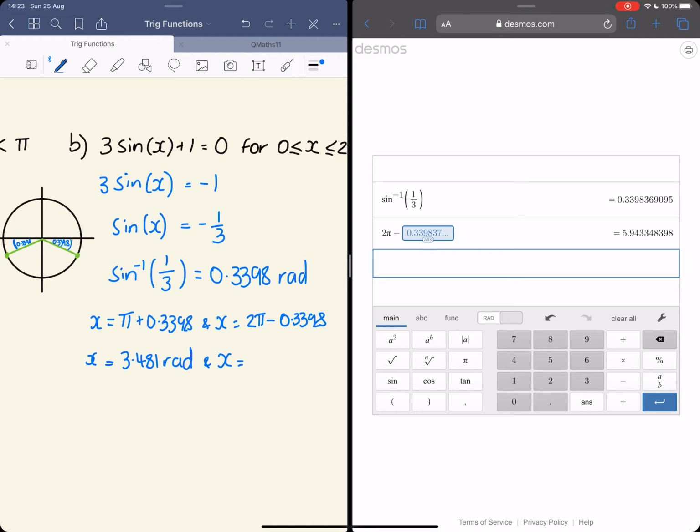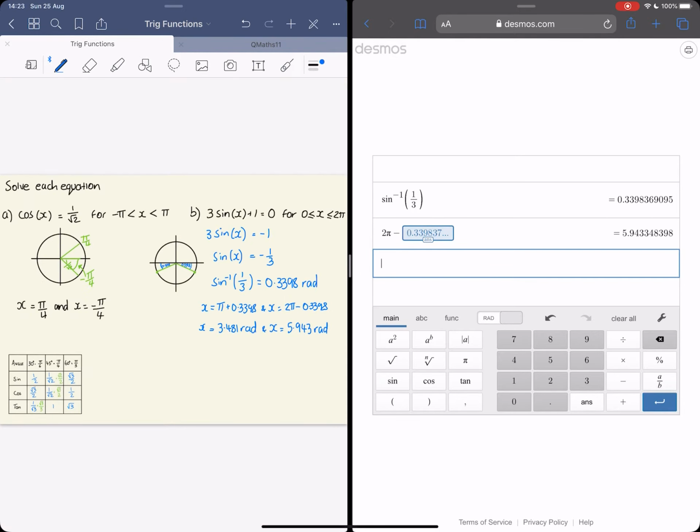And that's 5.943 radians. And so they are our two solutions for that question right there.